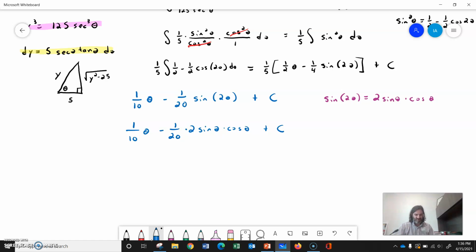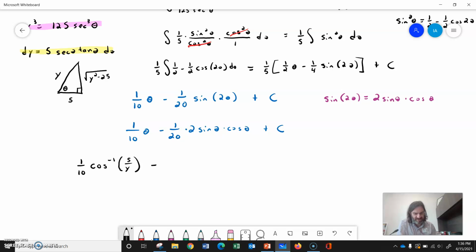Now let's work on putting this thing back in terms of y. So we got the 1/10 and we want theta. So I look at this thing, I can use any trig inverse that I want, but I notice I have adjacent and hypotenuse, so I'm going to use a cosine inverse so that I don't have to use the square root in here. It really doesn't matter if I use the square root or not, but 1/10 cosine inverse of 5/y.